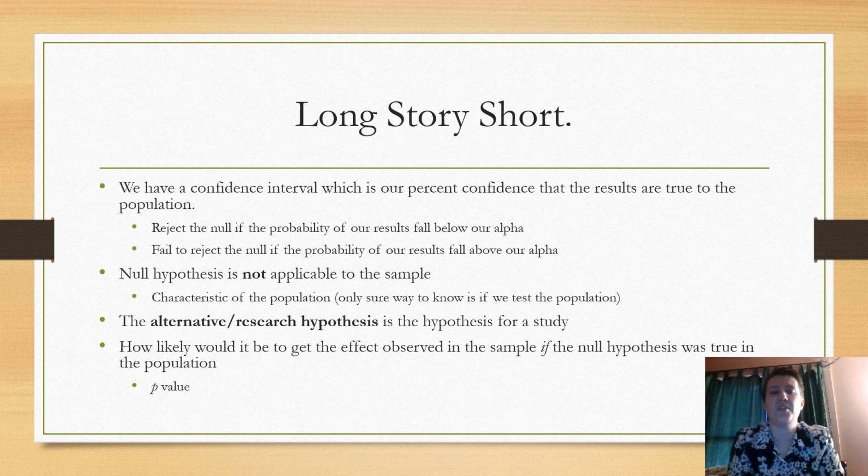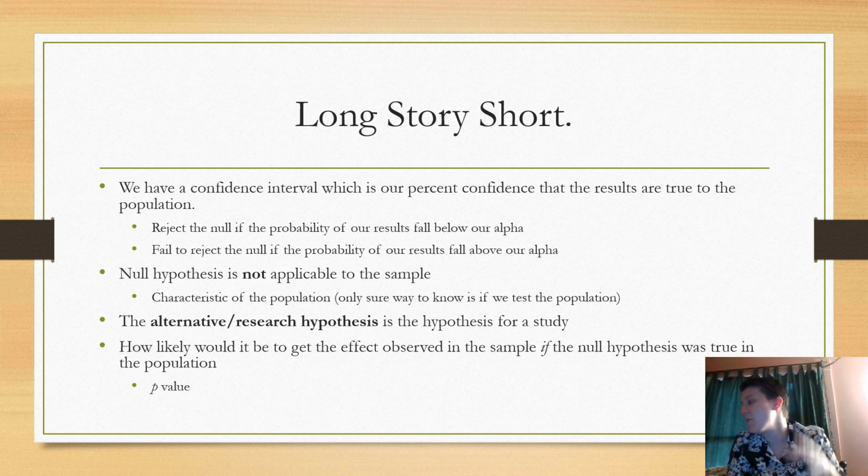So the alternative hypothesis, also known as the research hypothesis, is just what you think, what the researcher is thinking will happen. And then how likely it is that we'll get these sample means, we had our 72 and 77 for our loud and quiet, let's say. How likely it is that we would get these sample means if the null hypothesis were true is the p-value.